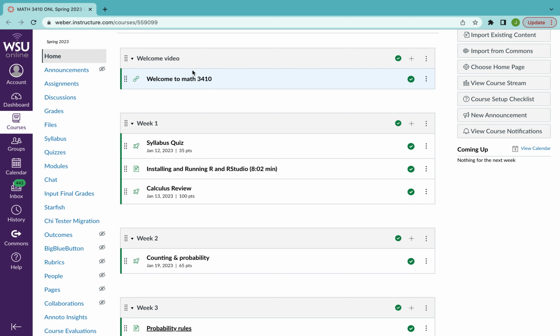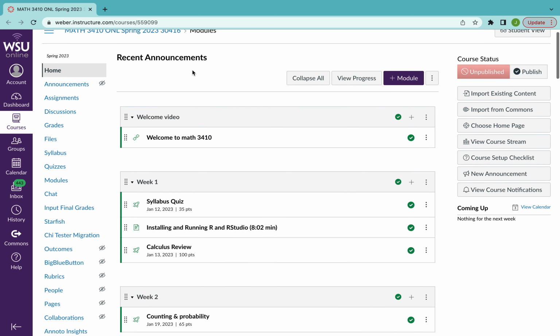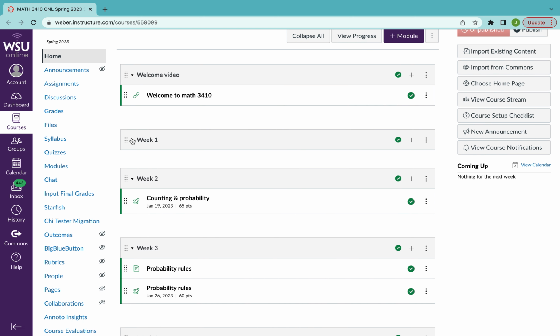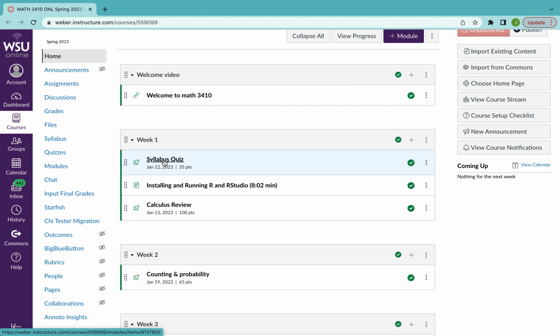Before I go over the syllabus, everything that you need to do is on this main page, broken down into modules by week. In week 1, you have your syllabus quiz, so you will need to read over the syllabus. I would recommend that you get acquainted with R and R Studio, especially if you're interested in statistics.